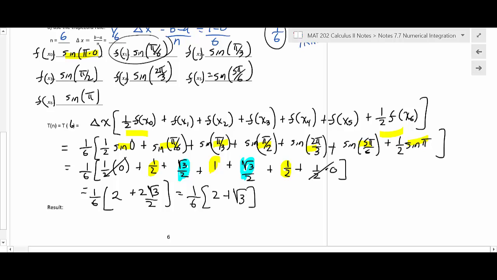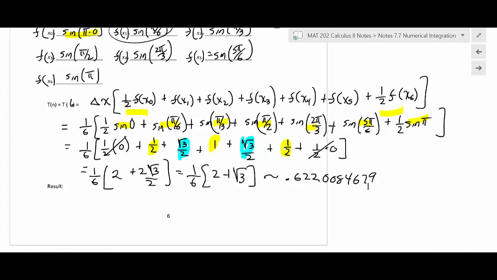So we could actually get an exact answer, not to the integral, but to the approximation. I did this on a calculator already, so that's 0.6220084679 like that. Okay? All right, so that would be the trapezoid approximation on that then.